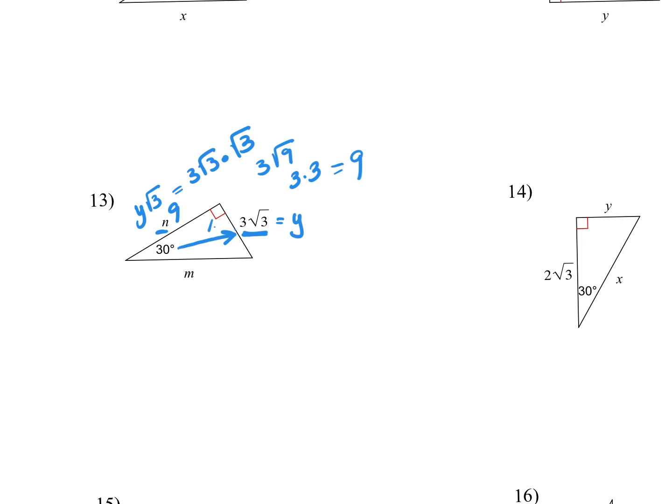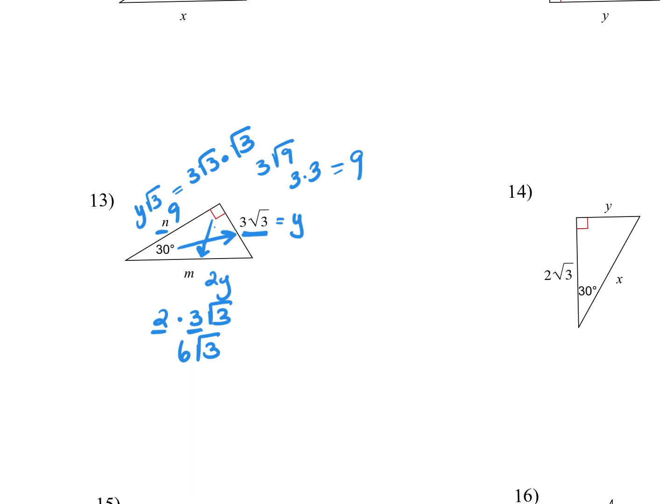And then my hypotenuse, remember, is double my y. So when I multiply 2 times 3 square root 3, what I get is 6 square root 3. Okay, you can only multiply whole numbers by whole numbers and square roots by square roots.